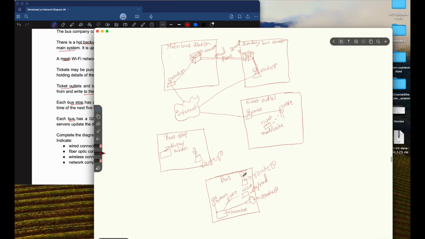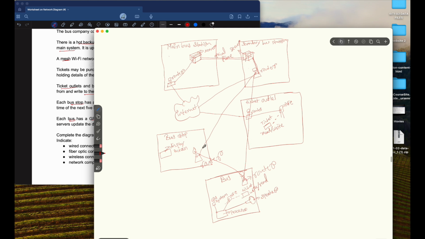So now we have to add the mesh technology. How to do it? This one will be connected to this, and this is connected to this, right? Because for the ticket outlet they said that there will be no mesh network included here and here.